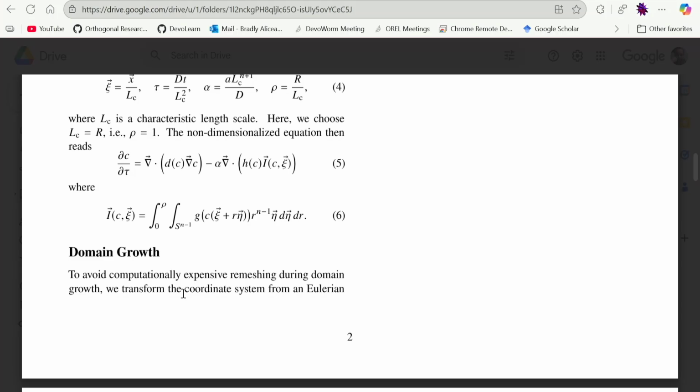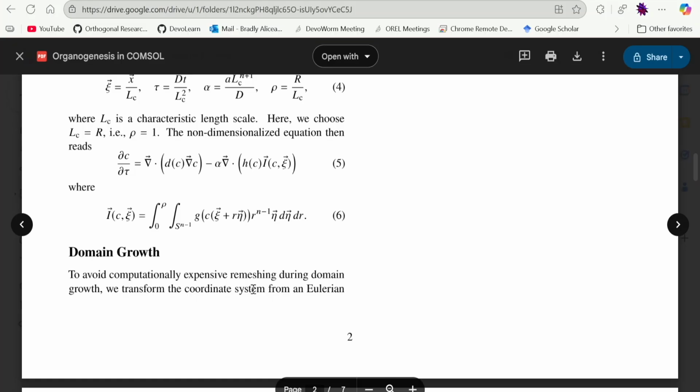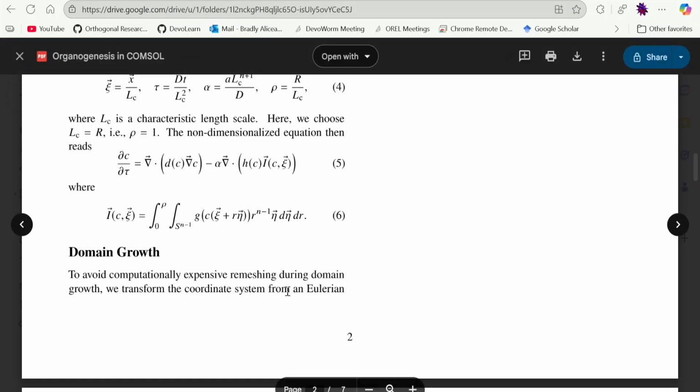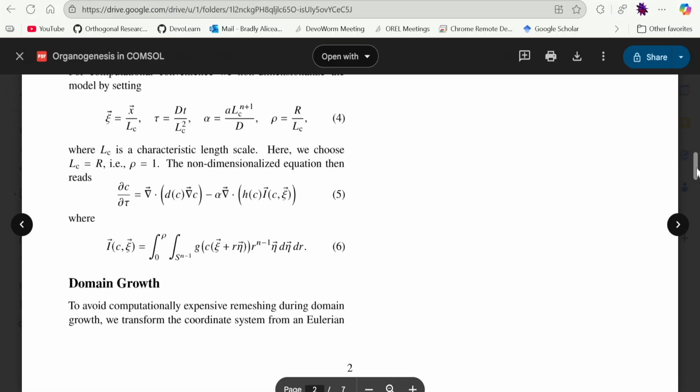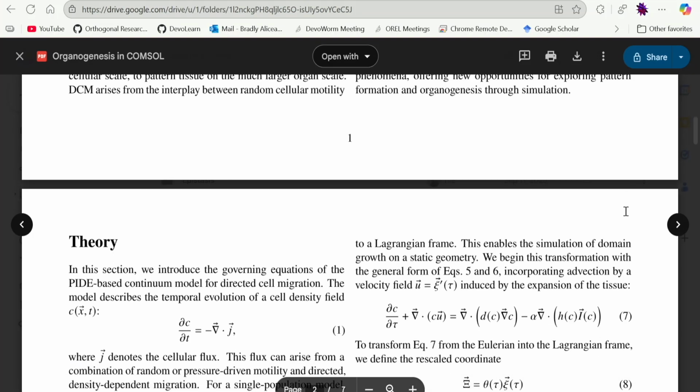You only have this predefined grid in a finite element model, and you decompose some surface using that method. But of course, if the thing grows, then you have to remesh it. So to avoid that, we transform the coordinate system from an Eulerian to a Lagrangian frame.